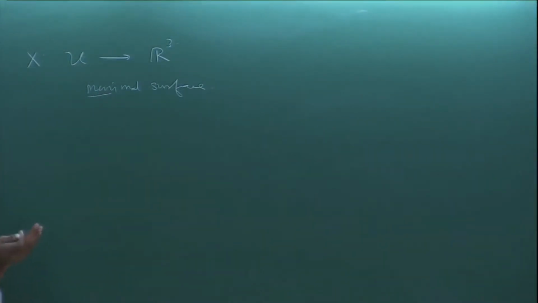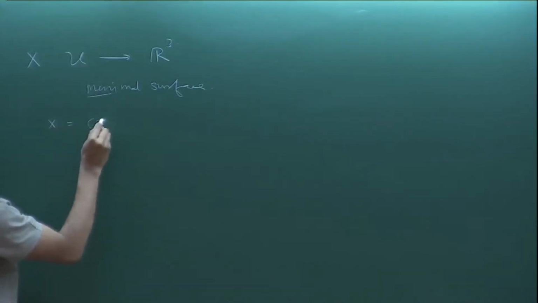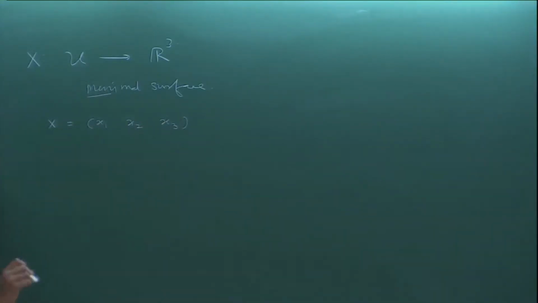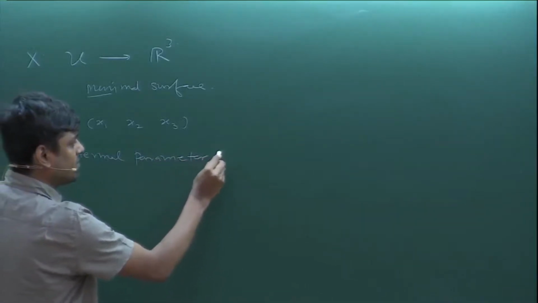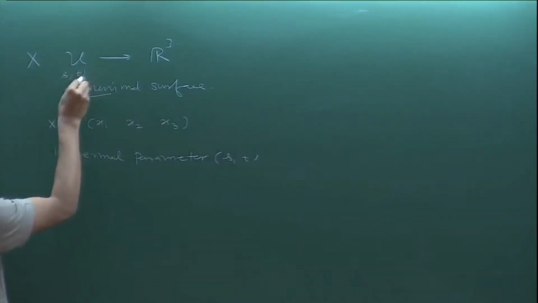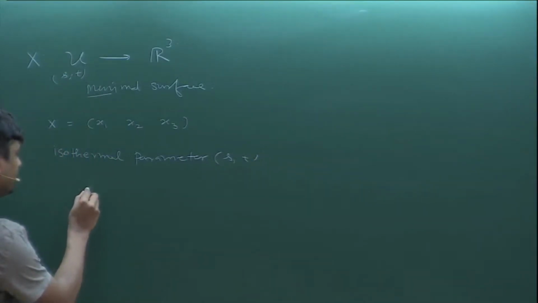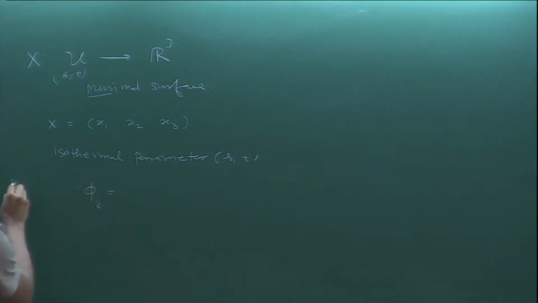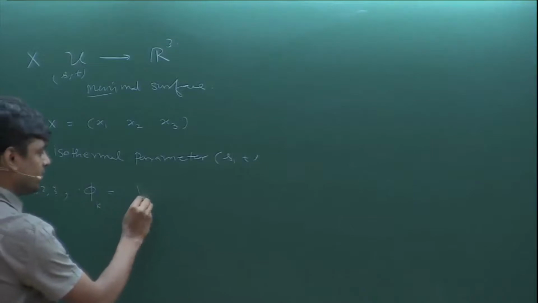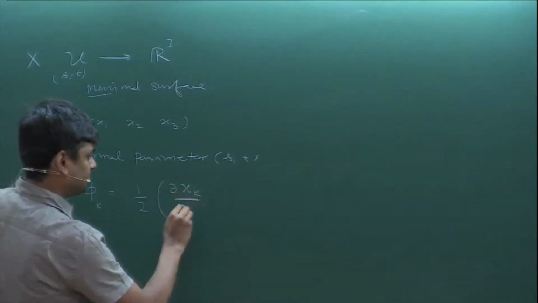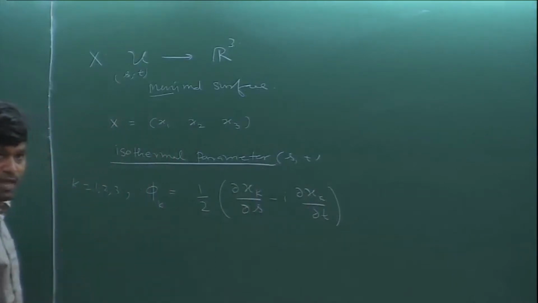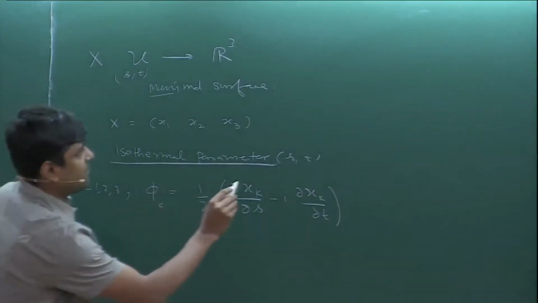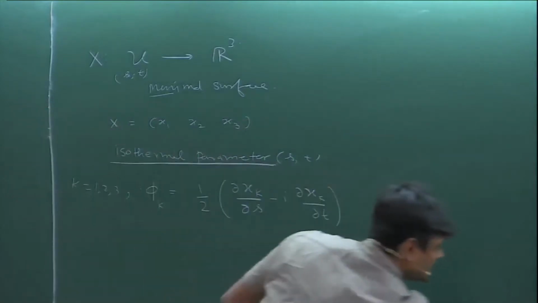So then the point was, and yesterday you have seen, you just write X as X1, X2, X3, and then you have seen in an isothermal parameter S, T. If you calculate and write on these maps phi k, I will just write it again because these expressions are important.